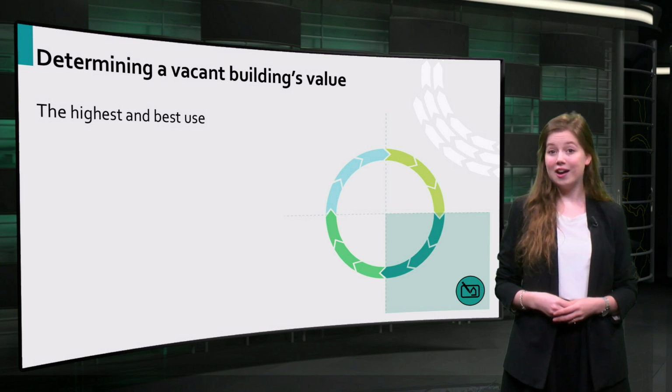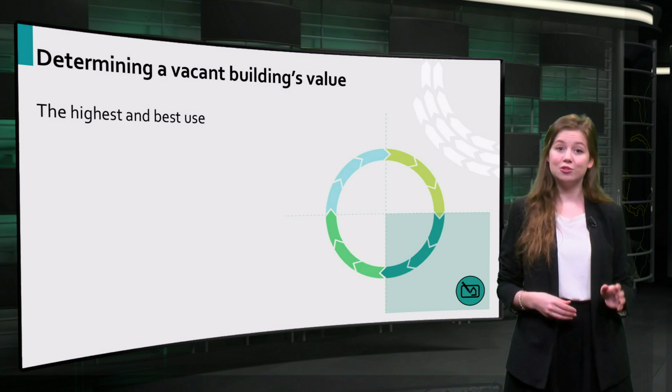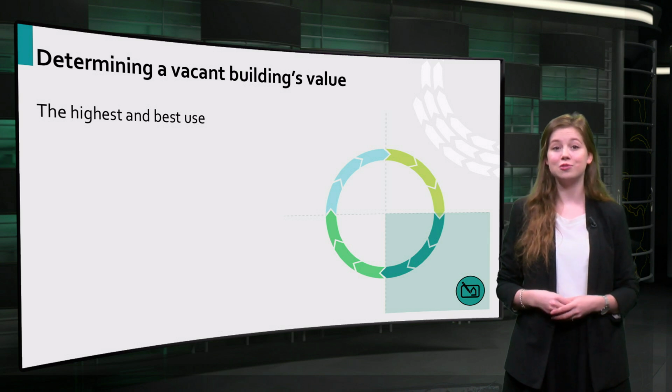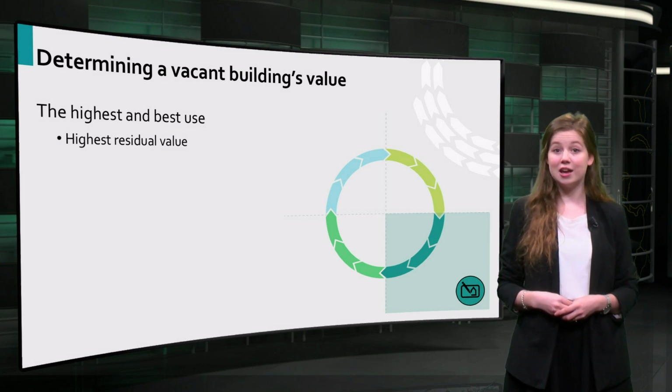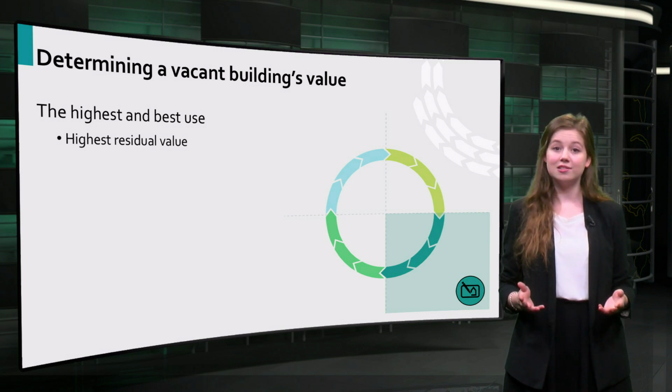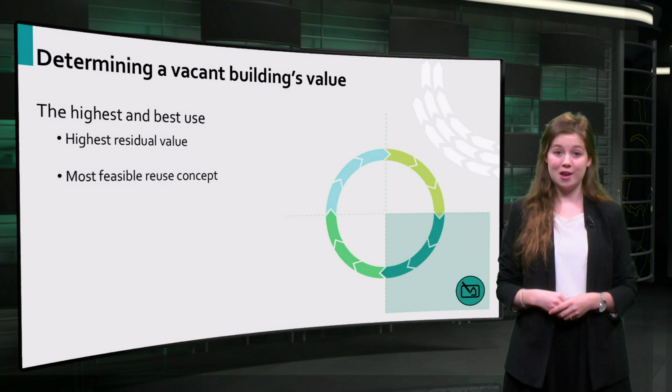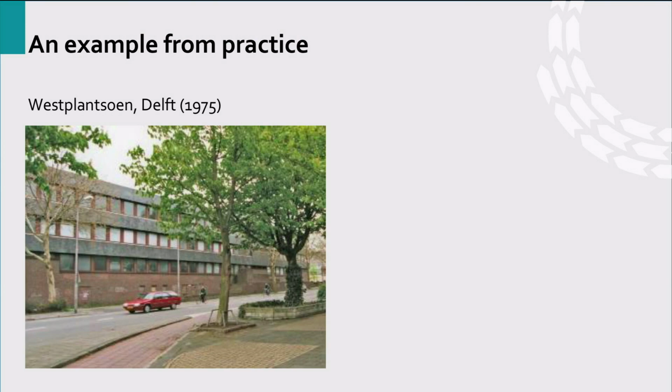You can determine the highest and best use by calculating the residual value of different reuse concepts. The concept with the highest residual value can be considered the highest and best use and therefore is the most feasible reuse concept. Now let's look at an example from practice.